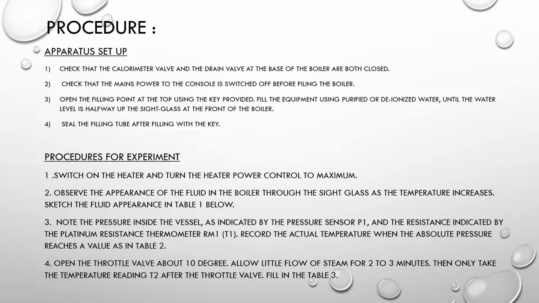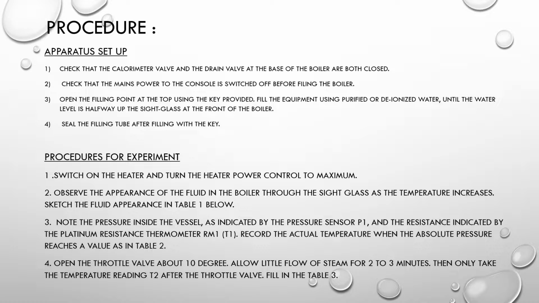Note the pressure inside the vessel as indicated by the pressure sensor P1 and the resistance indicated by the platinum resistance thermometer RM1 T1. Record the actual temperature when the absolute pressure reaches a value as in table 2.